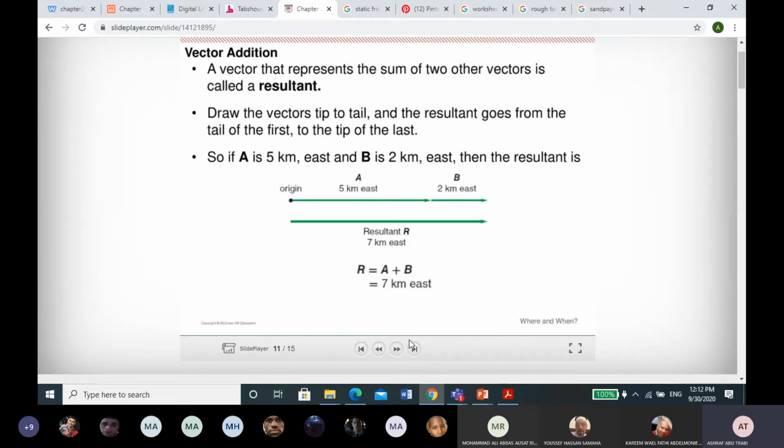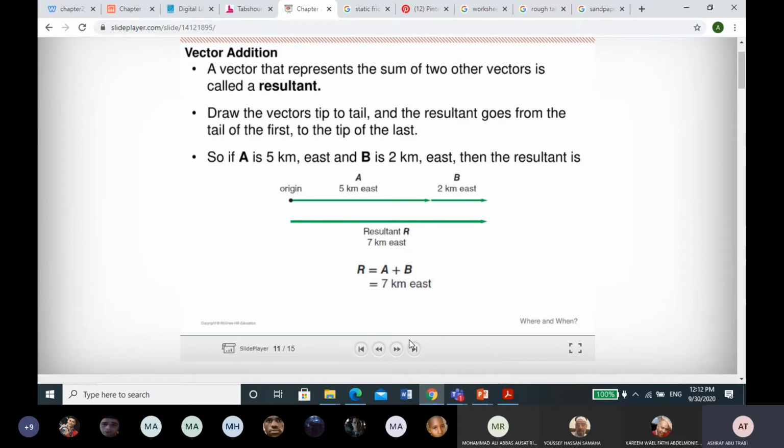But you are asked for vectors of the same direction. A vector that represents the sum of two other vectors is called the resultant of the two vectors. You will memorize this word, resultant of two vectors.